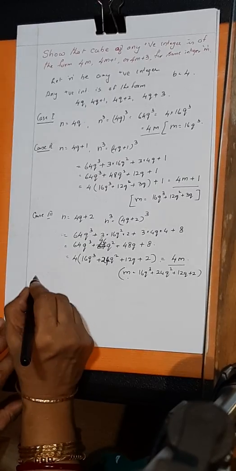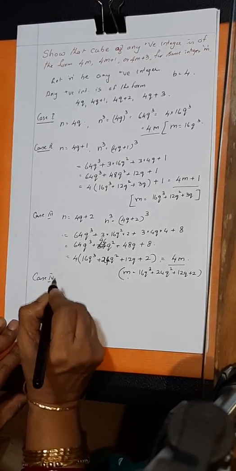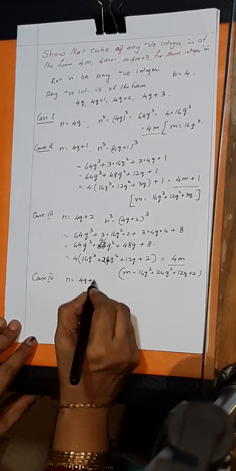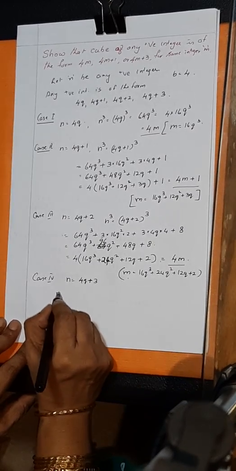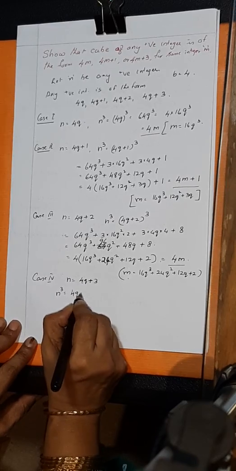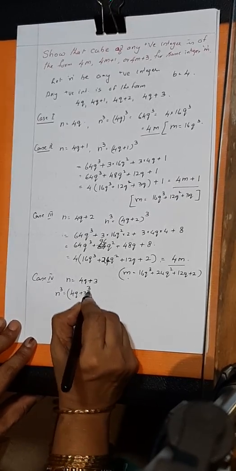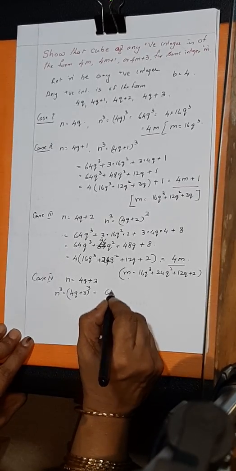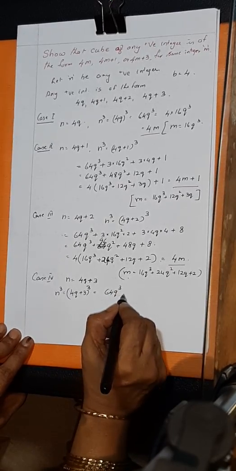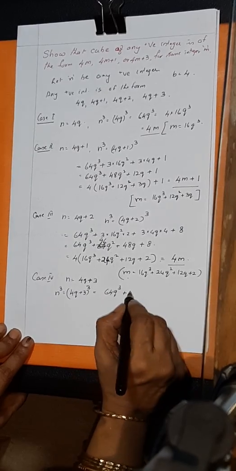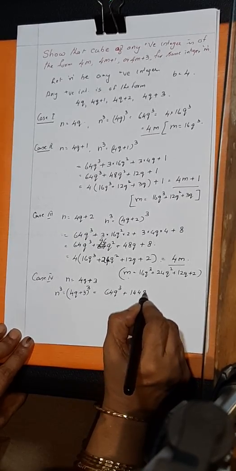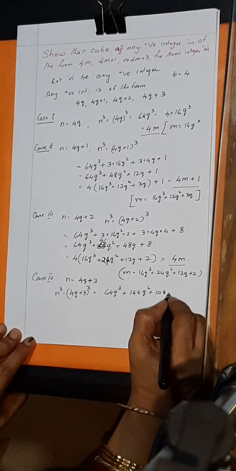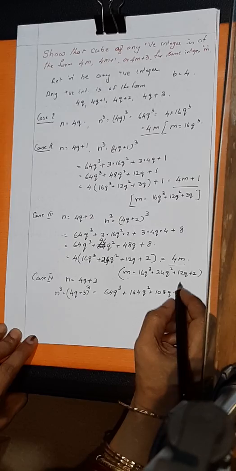Now case 4, n is equal to 4q plus 3. So n cube is equal to 4q plus 3 the whole cube. So I'll get this as 64q cube plus 144q squared plus 108q plus 27. Do the simplification and see; I've already done it in the rough.